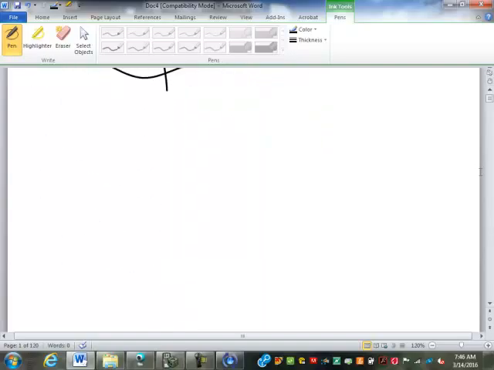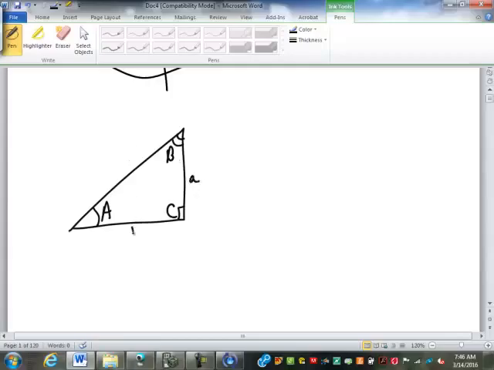So when I actually look at a right triangle, if this is the angle I'm looking at, I'm just going to call it angle A for now. Of course, this will be angle B and angle C. What's this side going to be labeled? Little a, little b, little c.